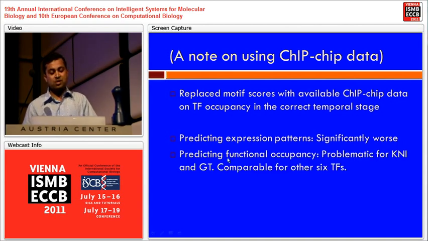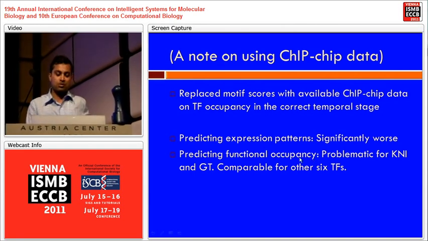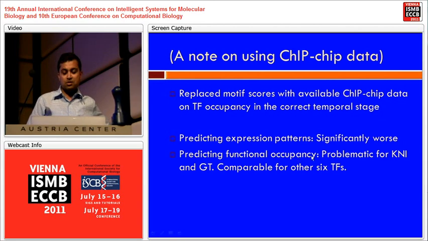We had a way to assess how much of the predicted occupancy is functional, a statistical method for assessing this. And even there, the motif-based predictions seem to be better, partly because they're using comparative genomics information. ChIP data is not.